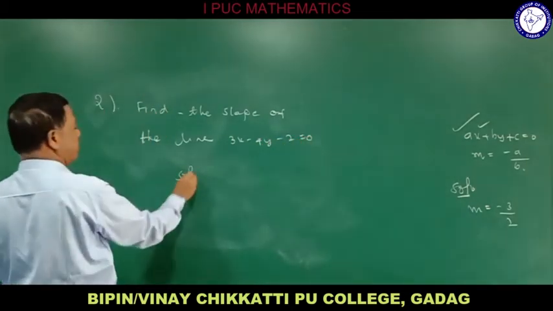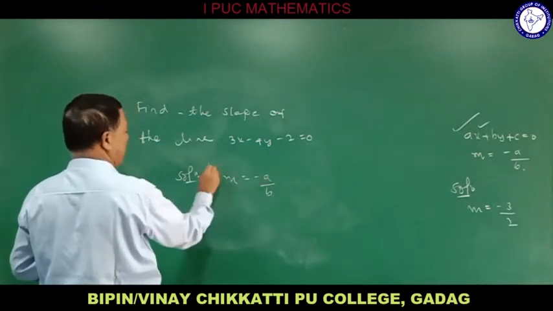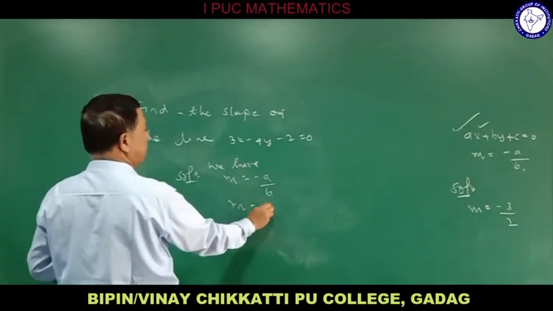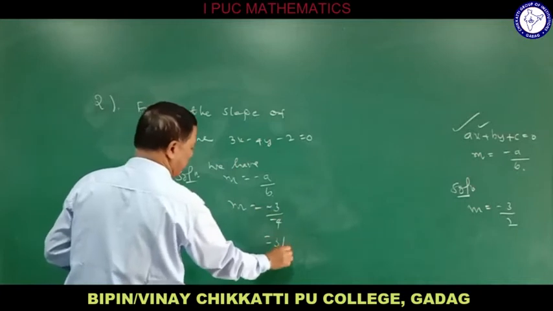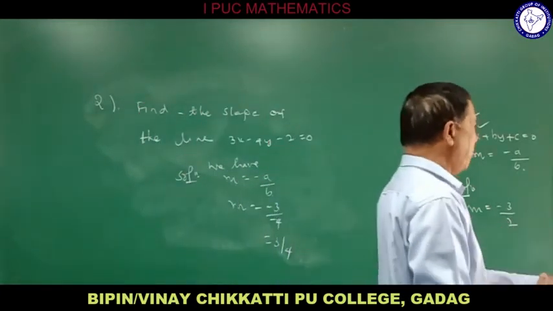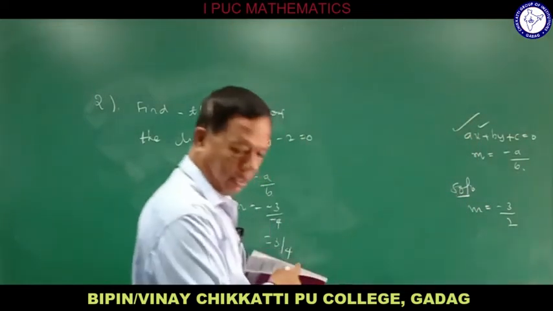So the slope is given by the formula m is equal to minus a by b. We have a as 3 and b as minus 4. What is the slope you can write here? 3 by 4 is the slope. I hope you understood the simple way they ask in the examination to find the slope.